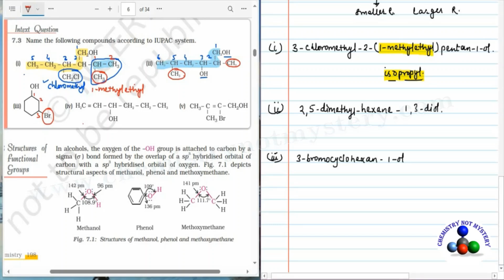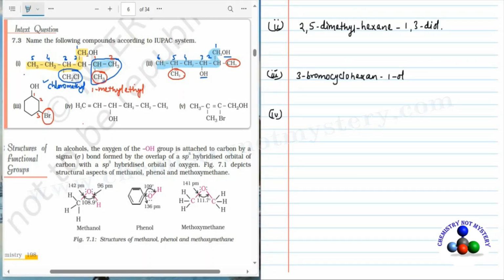Now come to the fourth question. Here there are 2 functional groups. One is ene and other one is OH. So here you have to select the chain which includes both the functional group. So this is the longest carbon chain that includes our both functional groups.